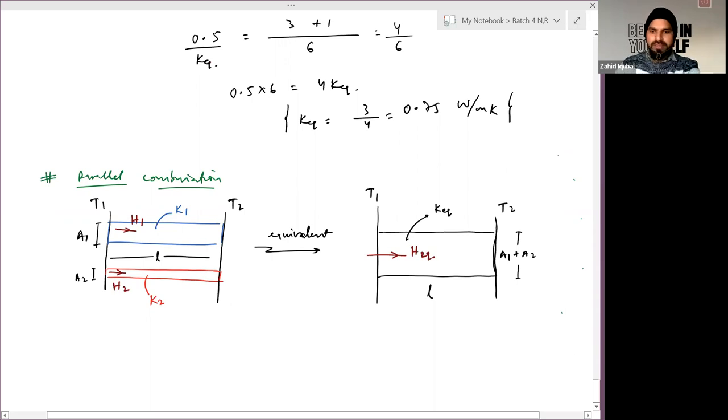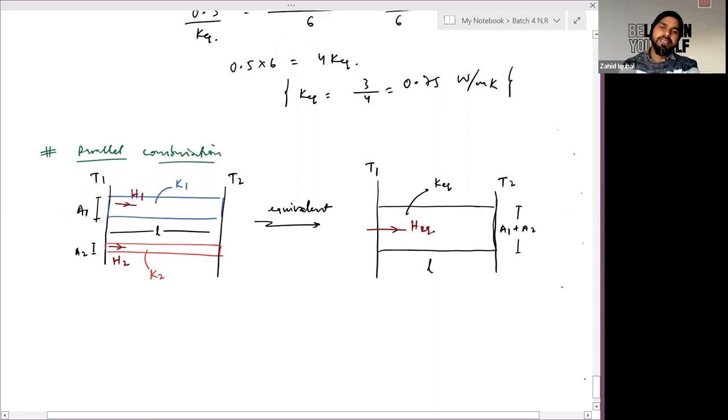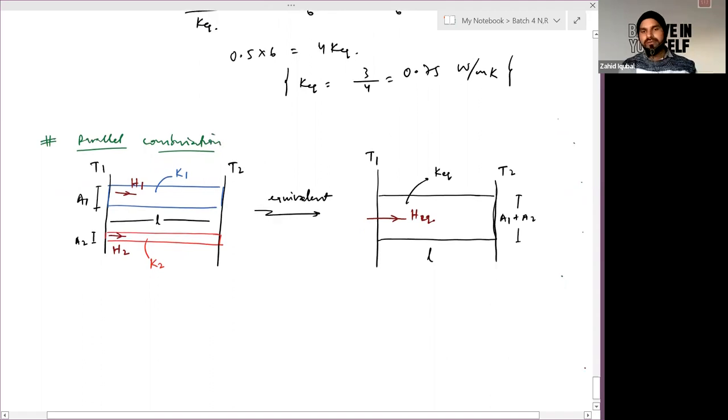In parallel, the net current flowing will be the sum of the individual currents in each rod. So we can calculate first H1 equals K1 A1 divided by its length, times temperature difference T1 minus T2.